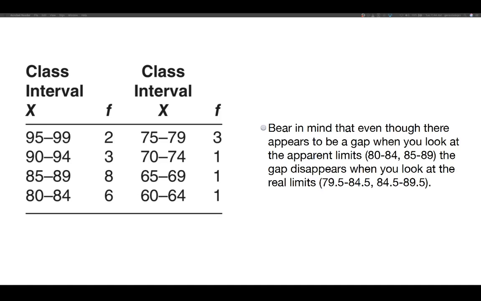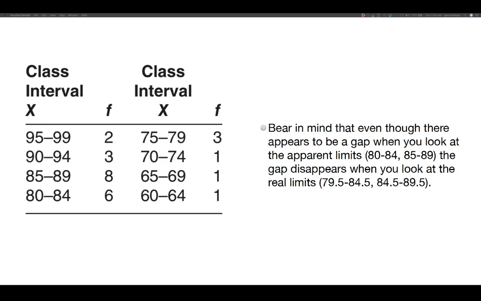In that case, a simple rule can be adopted: any value ending exactly at 0.5, like 84.5, we should place in the higher interval if the number before the 0.5 is even.